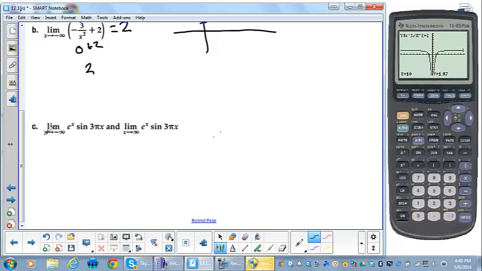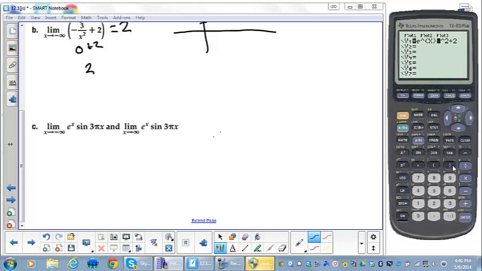The limit as x approaches negative infinity of e to the x sine of 3 pi x. Let's take a look at that function. We need e to the x and then times the sine of 3 pi x. Is that right? e to the x sine 3 pi x looks good. Let's graph this one.